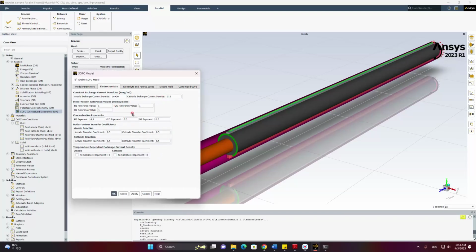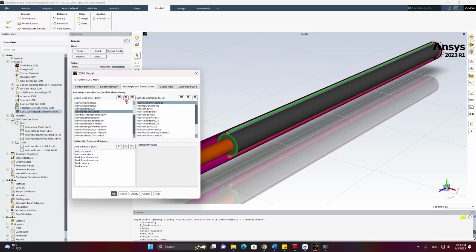The rest of the things you can change, but that depends upon your equations. For these equations, study the Fluent theory guide manual, it is important to know the equations properly.